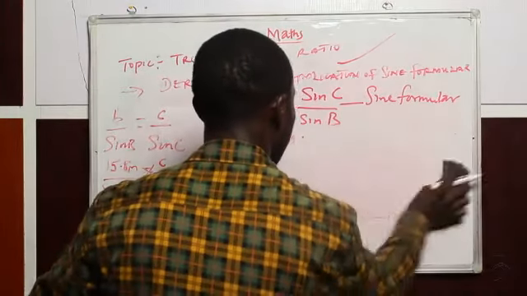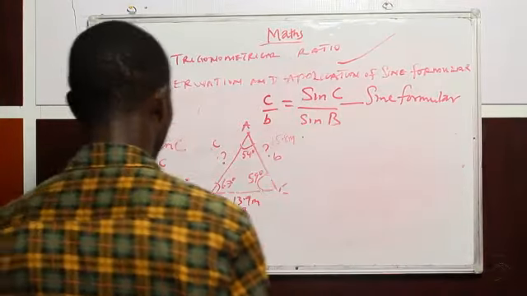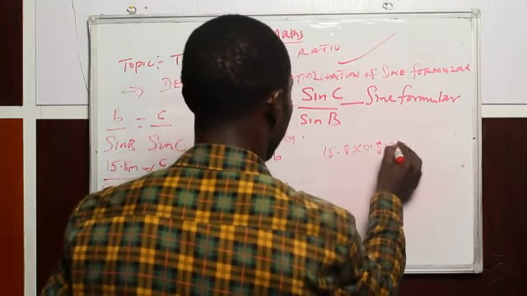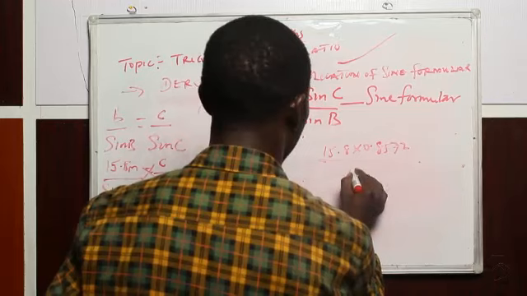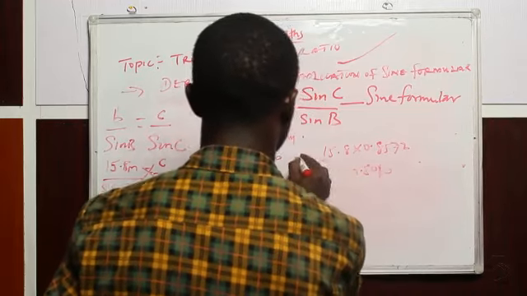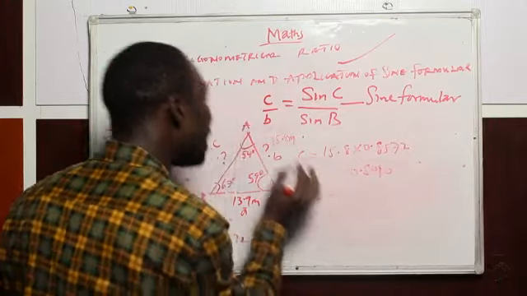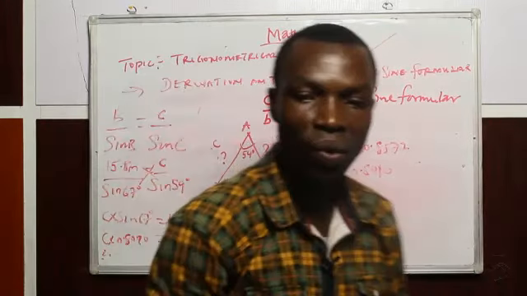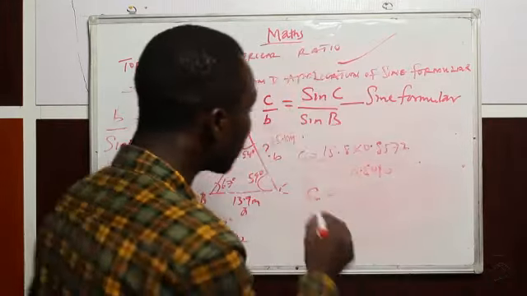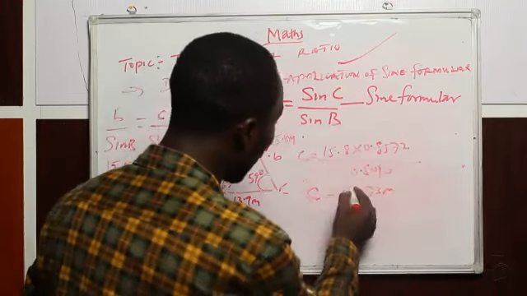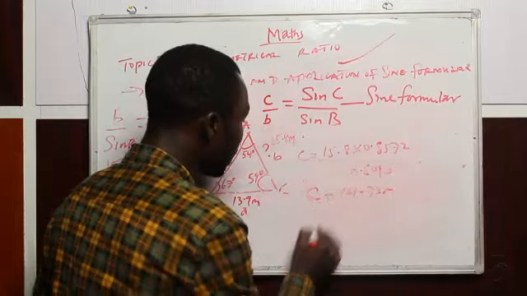To find c, we have 15.8 times 0.8572 over 0.8090. Our side c, which is what we are looking for, is equal to 14.73 meters. That is our c.